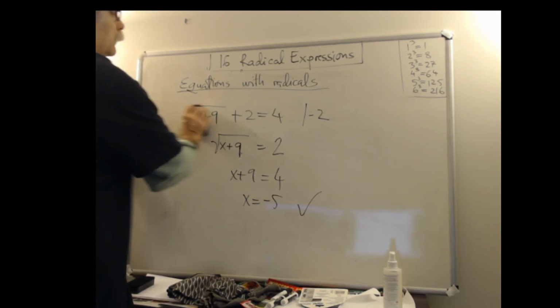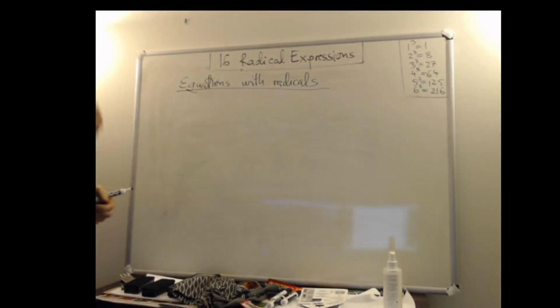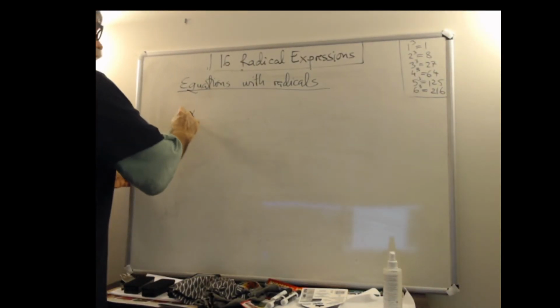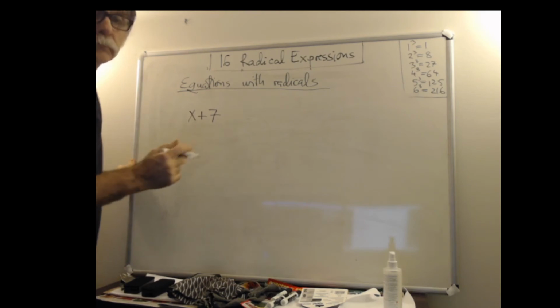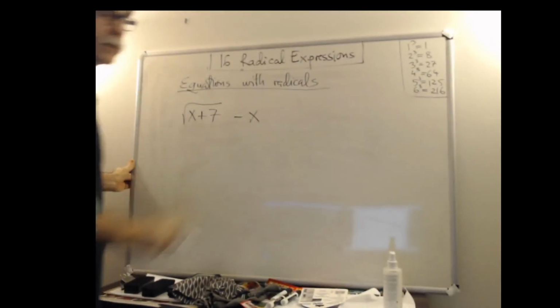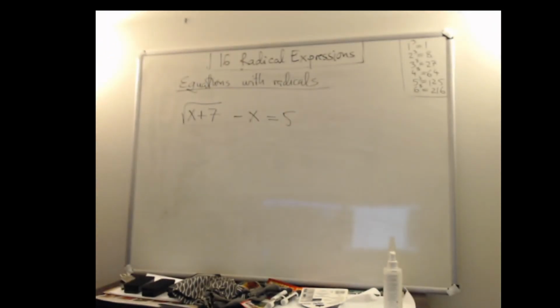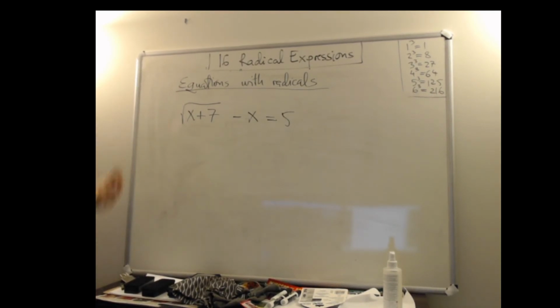Okay? Let me give you another one. Now the one with the problem. Radical of x plus 7, and I have minus x. Everything so far so good, equal to 5. Right? Alright, again, I want to get the radical isolated.